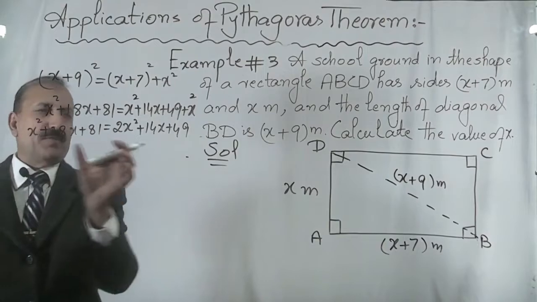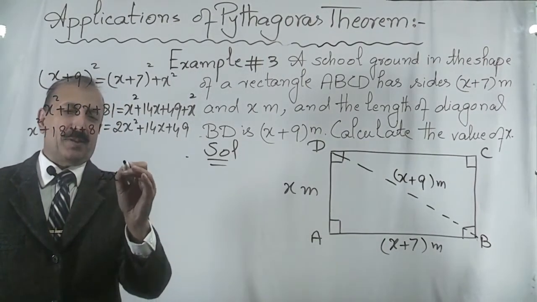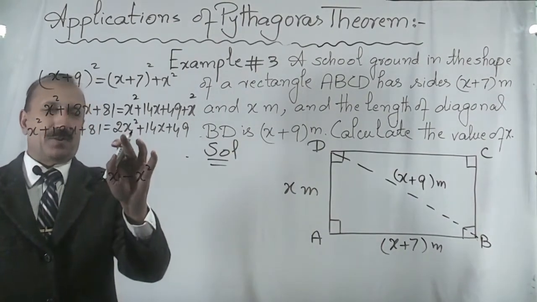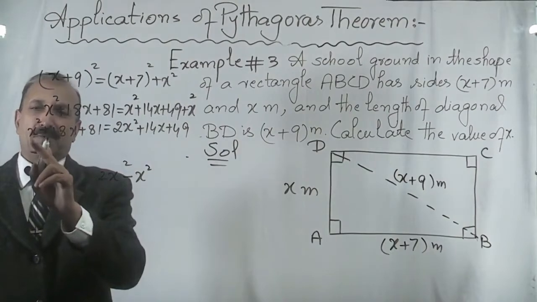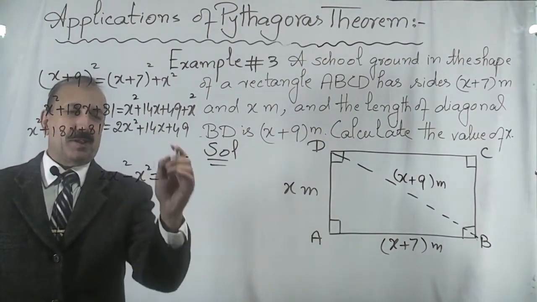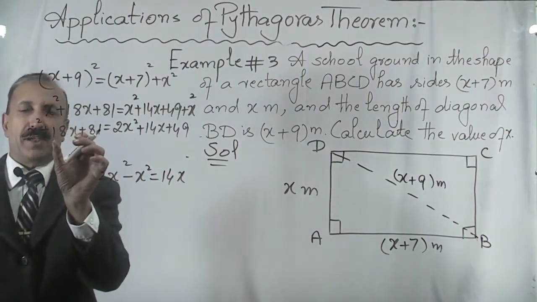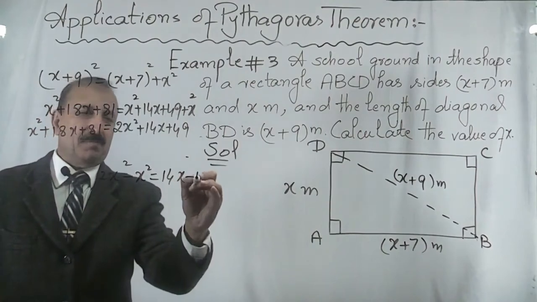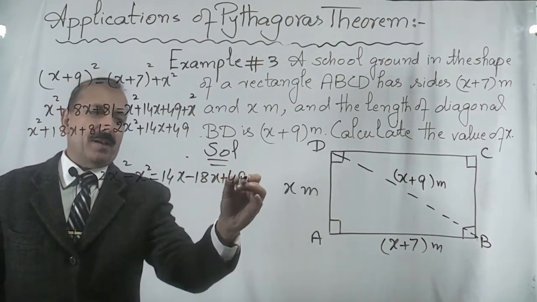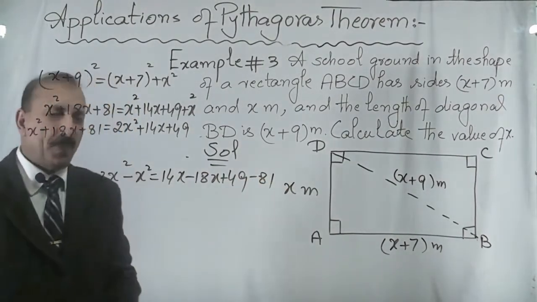Let's transfer all these values to this side. So we will have 2x square minus x square. After writing this first, I have shifted this x square to this side, so it becomes negative. This is equal to 14x, and let's shift this 18x to the other side, minus 18x. Now plus 49, and now 81 here, minus 81.